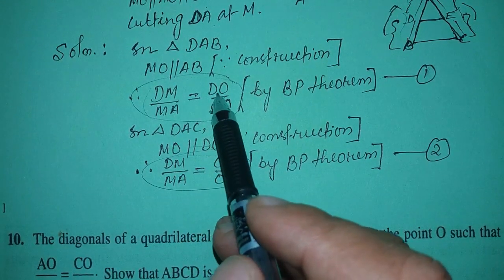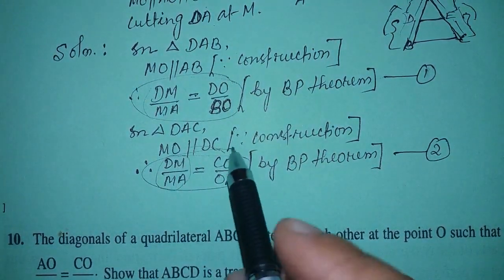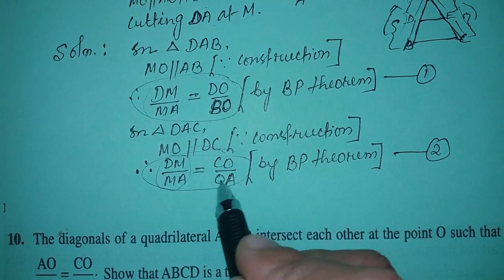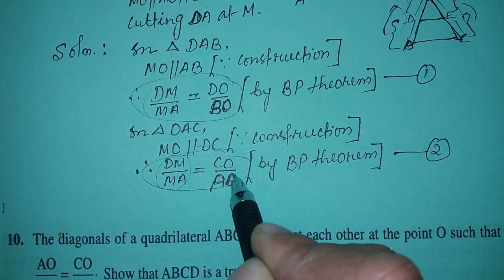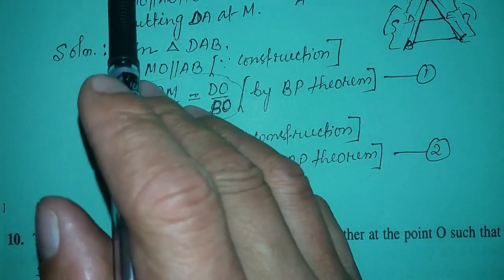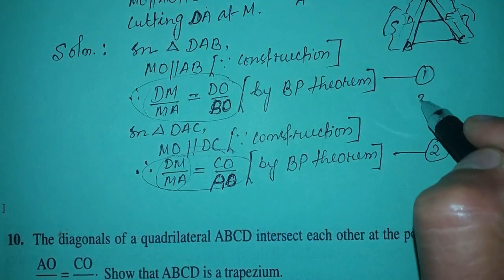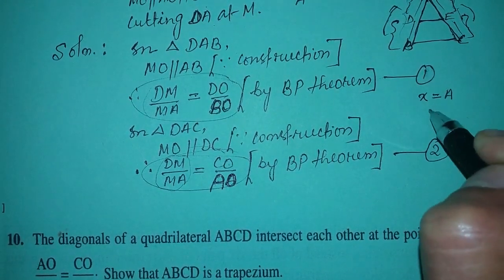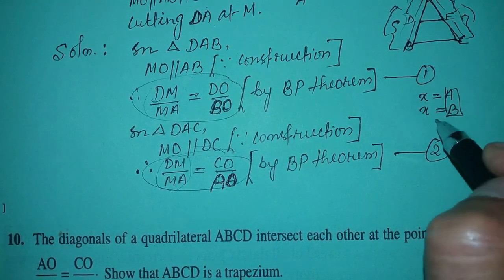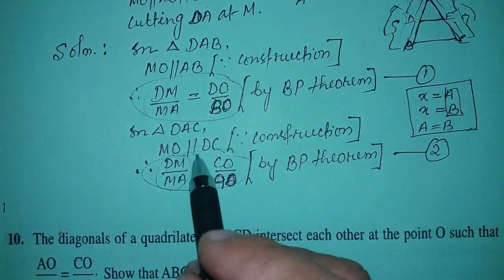Now from this 1 and 2, DM by MA is equal to DO by BO, and the same DM by MA is equal to CO by OA. Instead of writing OA, you can write AO also. It means the same thing. Why I am writing AO is because up here we have written AO. Here if X is equal to A and X is equal to B, then A is equal to B. So that is what we have here.